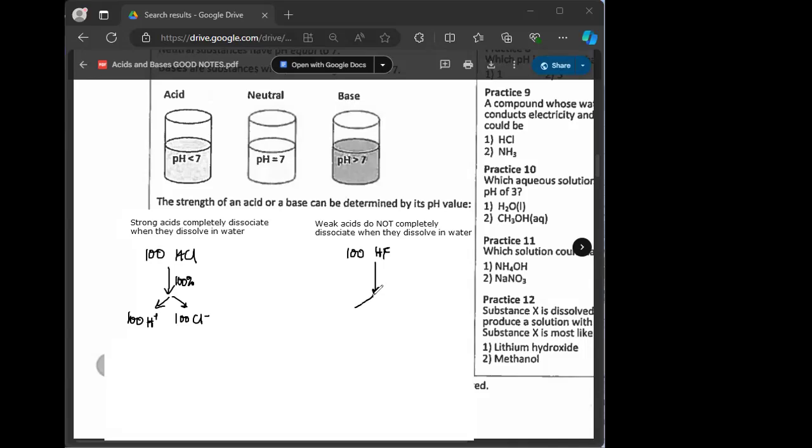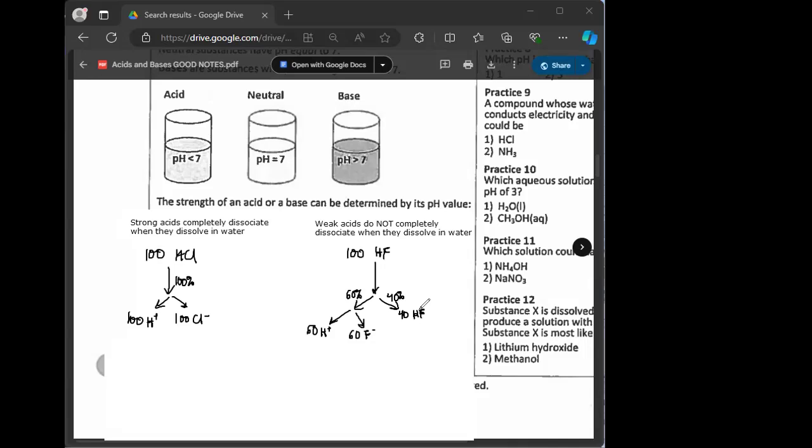Okay, so let's say that when we drop the HF into water, maybe 60% of the molecules will split, and let's say that makes 60 hydrogen ions and then 60 fluorine ions. That means that the other 40% don't do anything.